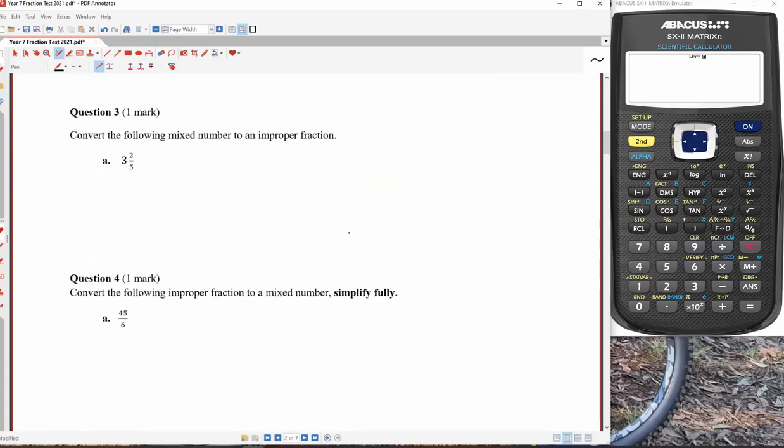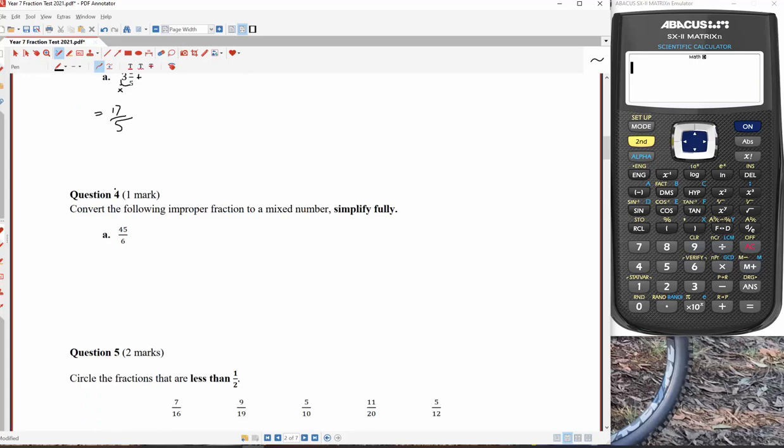Convert the following mixed number to an improper fraction. So remember the technique was we multiply them and add that to the result, and the original denominator is still our denominator. So this is the same as 3 times 5, which is 15, plus 2 is 17, over the original denominator, 5.